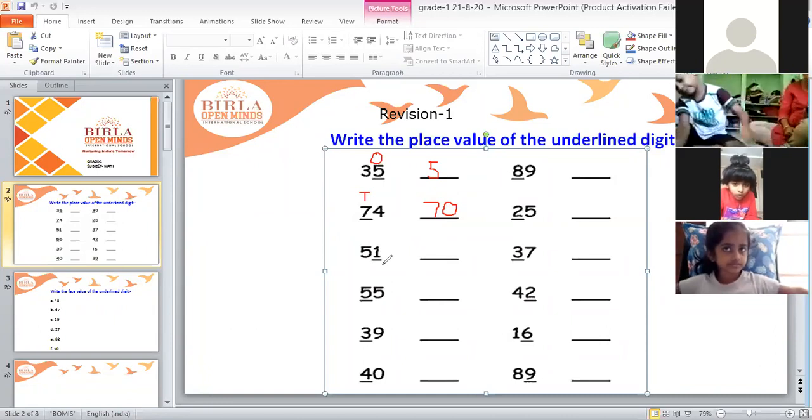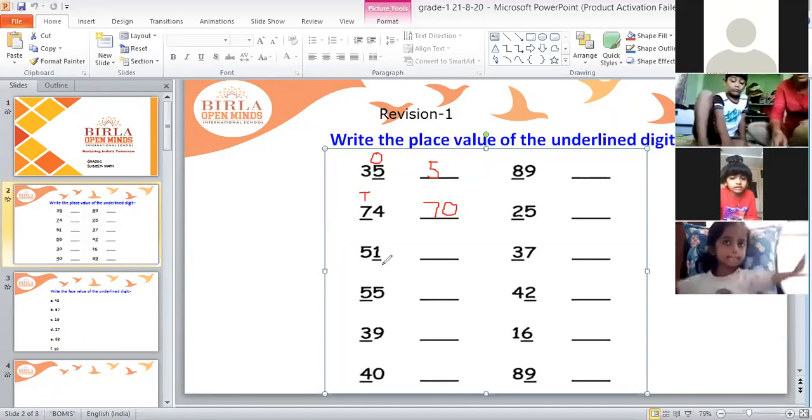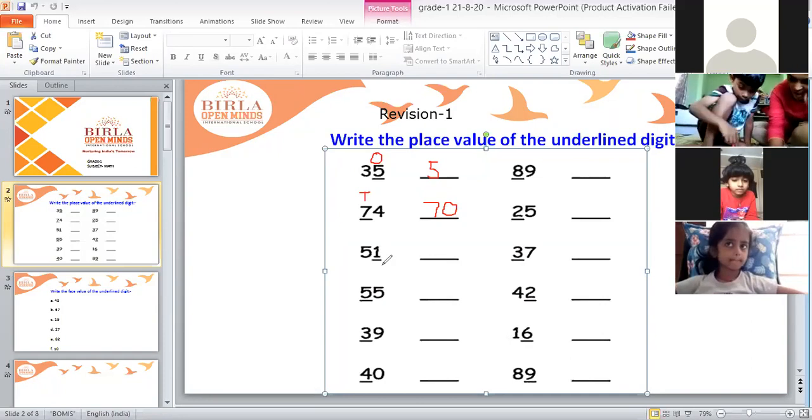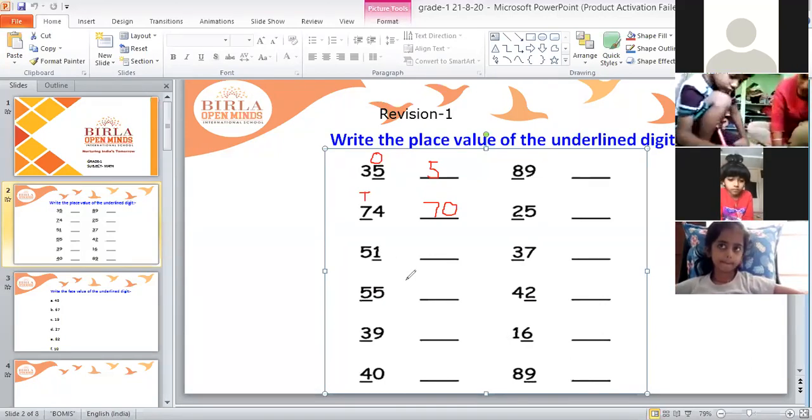No. Then, 1 is in which place? Ones. Then is there any 0 in ones? No. So what will we do?